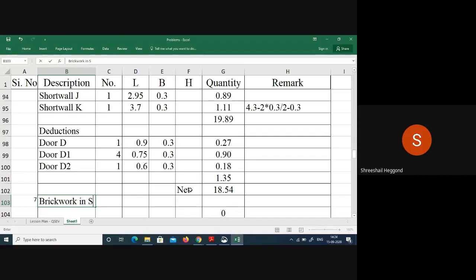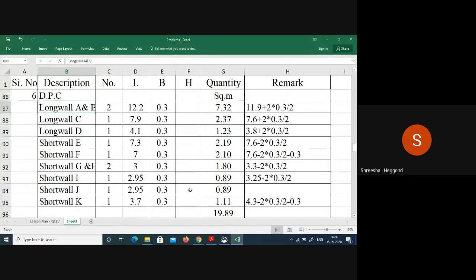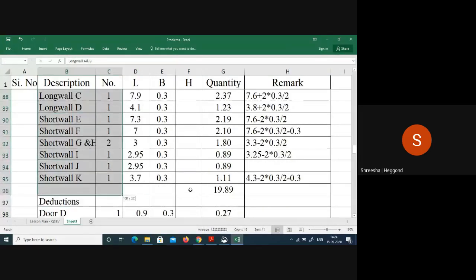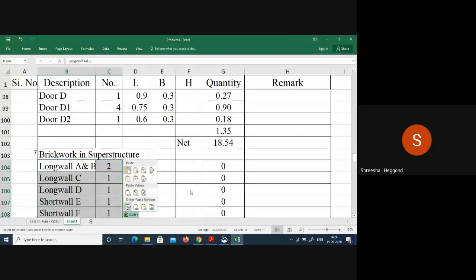Brickwork in superstructure. Brickwork in superstructure can be calculated by considering the same long walls and short walls, at the same numbers.